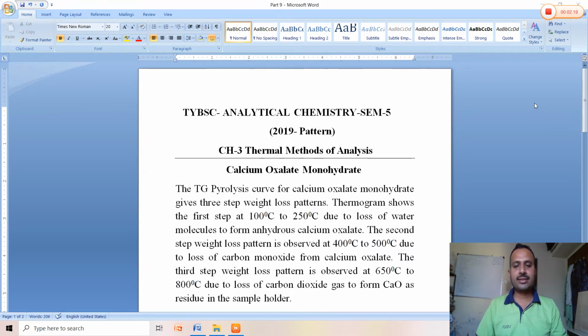Previously, in the second step, calcium carbonate is formed from the calcium oxalate, while in the third step there is an evolution of carbon dioxide gas, and calcium carbonate is converted into calcium oxide at a temperature of 650 degrees centigrade to 800 degrees centigrade, remaining as a residue in the sample holder. So this is all about the calcium oxalate monohydrate TG curve or thermogram.